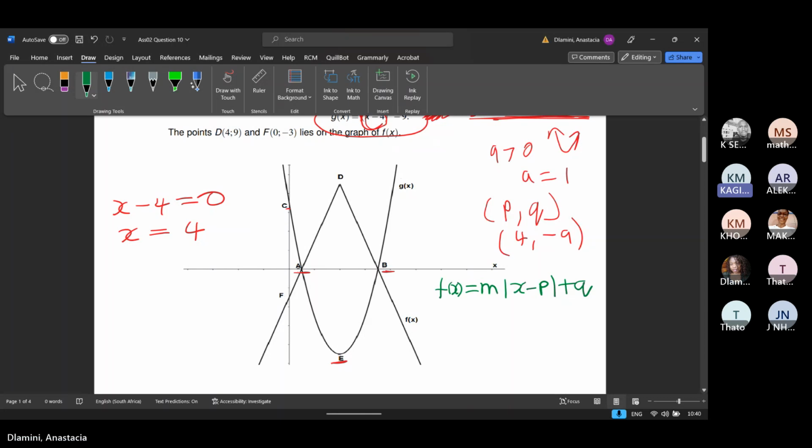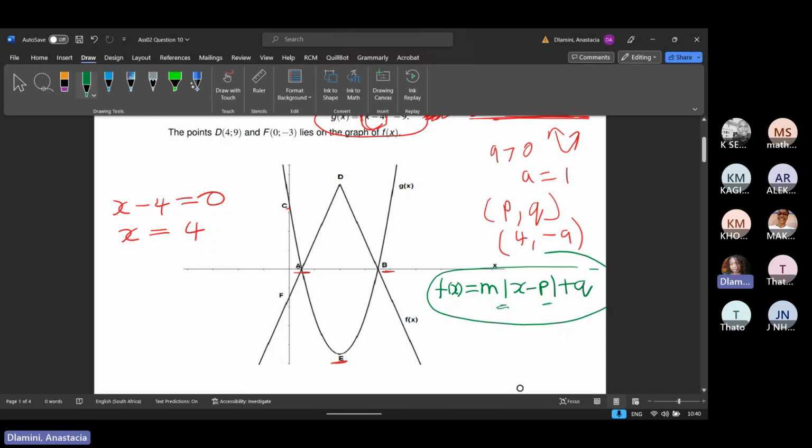I think it's a linear graph because of the gradient. It is a linear graph, but look at this whole graph, what does it represent? As soon as it has an absolute value of x, it changes. It's no longer a linear graph. It's an absolute value function because of these lines here.